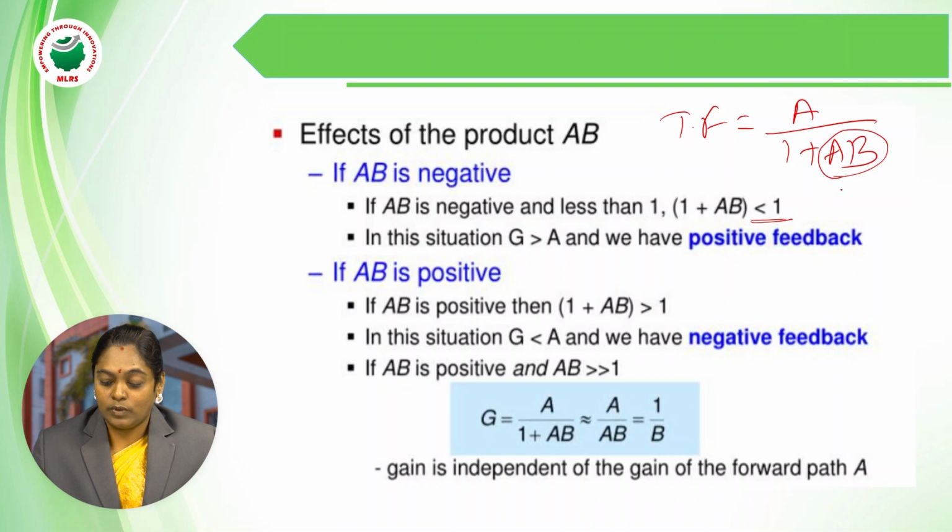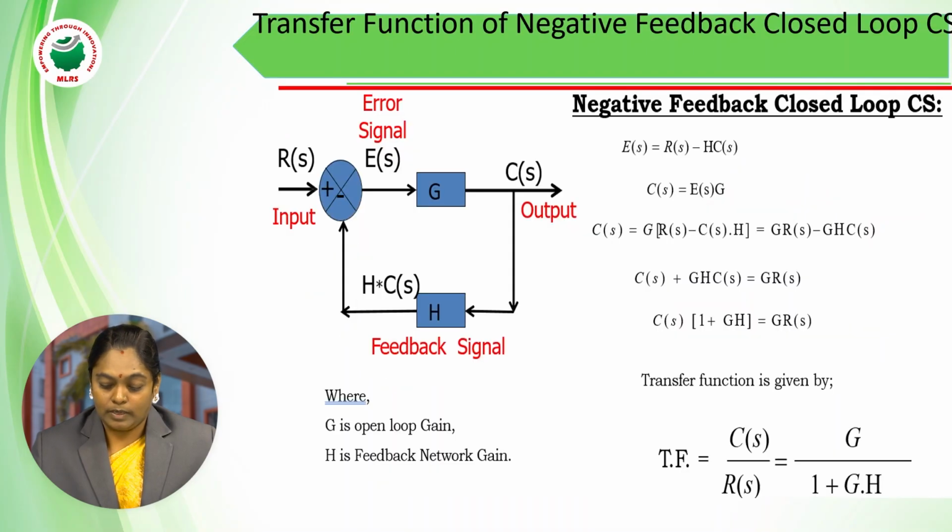If it is less than 1, can I say that this becomes a by some value less than 1? So in this situation, it becomes a positive feedback. So if 1 plus ab is less than 1, then the particular system is called a positive feedback system. If ab is positive, it gives a negative feedback system. So depending upon the values of a and b, it may be a positive feedback or a negative feedback.